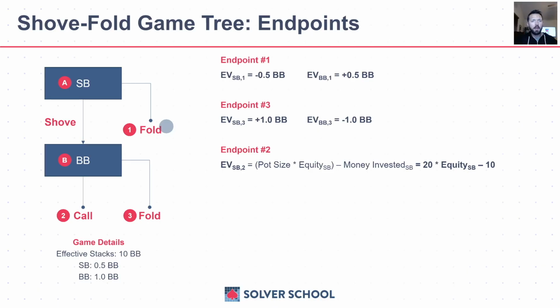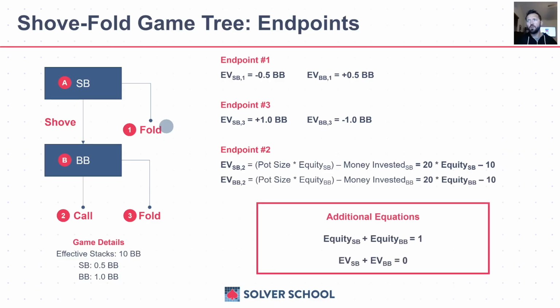And finally, the third point I'll make is that we have two additional formulas here, and we can use these to help solve these formulas out if we have to do some simplifications in the math. The first is that the equity of the small blind and the big blind must always add up to 1, or 100% if you prefer that notation. And this is obvious here. One person has to win the hand, and if he or she does, the other person does not.